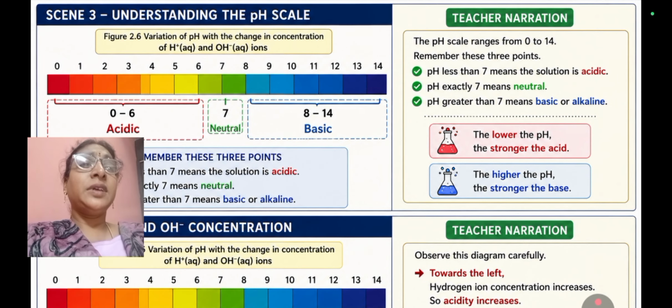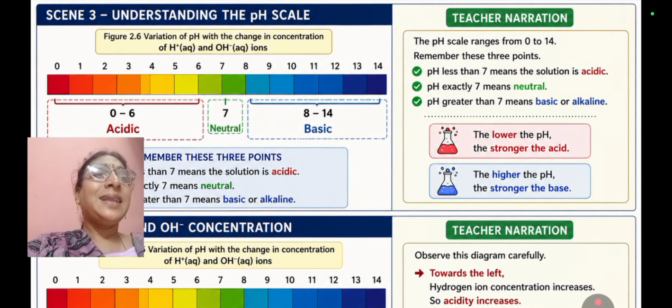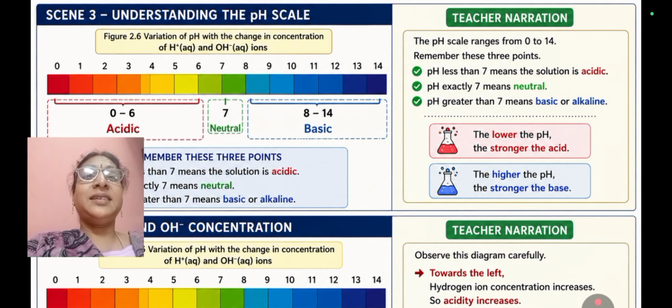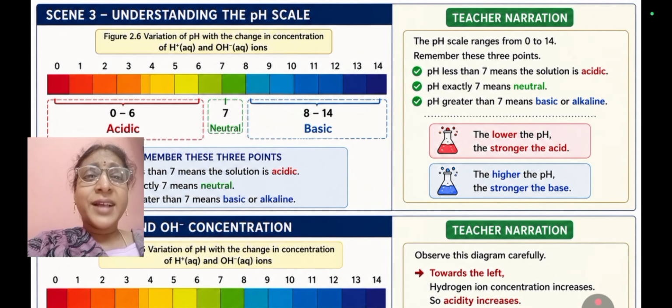Remember these 3 points. pH less than 7 means the solution is acidic, pH exactly 7 means it is neutral, and pH greater than 7 means it is basic or alkaline. The lower the pH, the stronger the acid. That means the lowest number on the pH scale is a strong acid, and the higher the pH, the stronger the base. That means the highest value on the pH scale is a strong base.